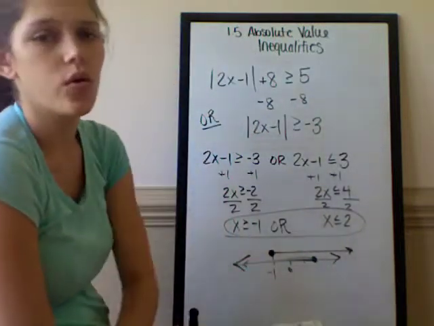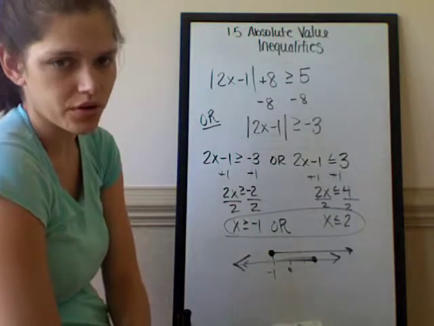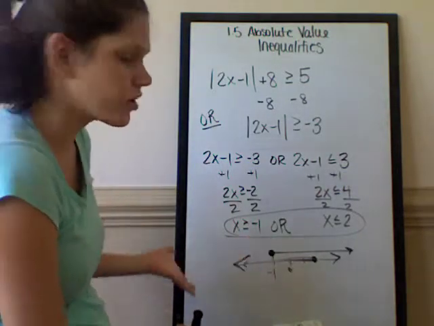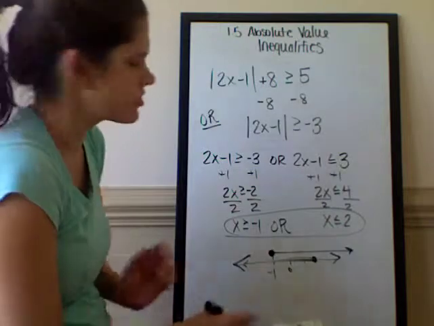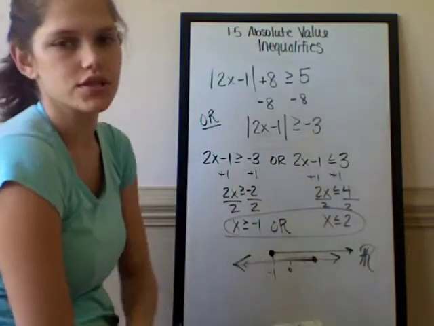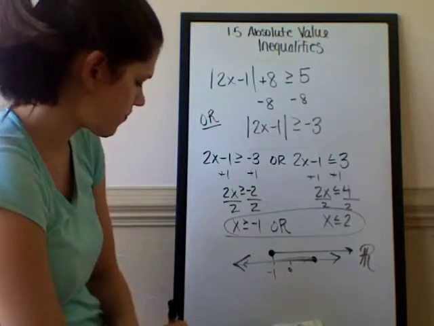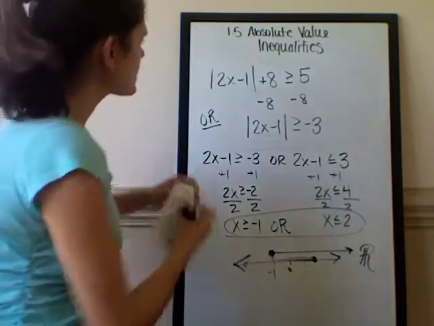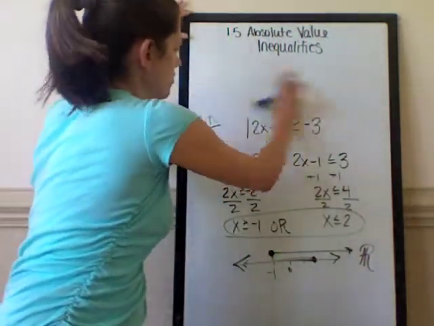Okay, remember that "or" is where either one of them occurs. Well, either one of them is occurring at all numbers. So that's why we are getting all real solutions. Okay? Alright, the last thing we're going to do is something called tolerance.